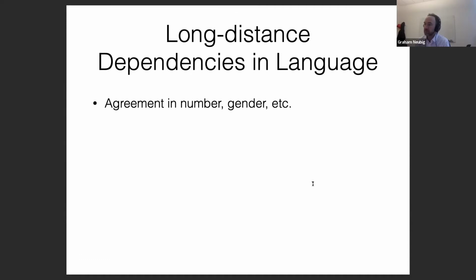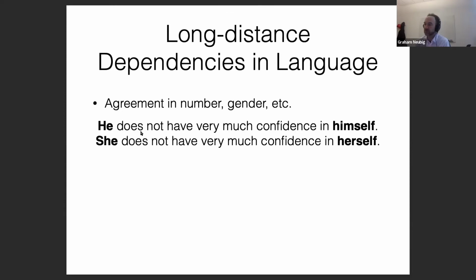And so in language, there's many dependencies that span across whole sentences. So for example, agreement is one example. There's not a whole lot of agreement in English. For example, there's gender agreement, and there's number agreement between subjects and verbs.